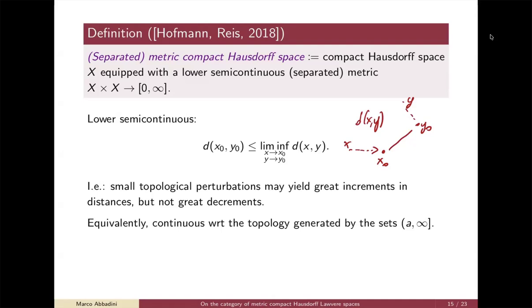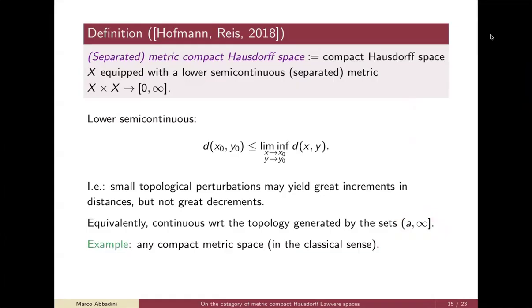So in other words, small topological perturbations may yield great increments in distances, but not great decrements. Or in other words, it means continuous with respect to the upper topology, the one generated by these subsets.